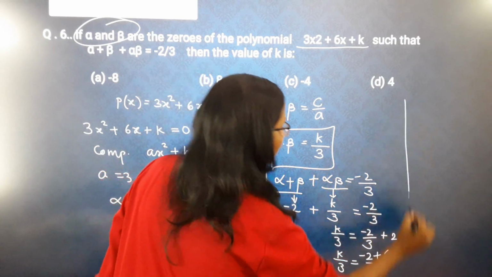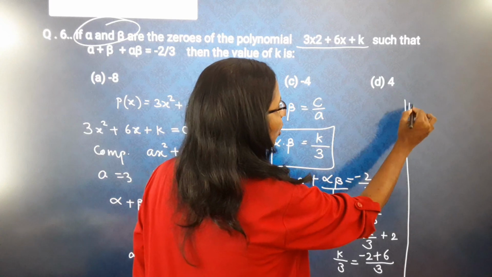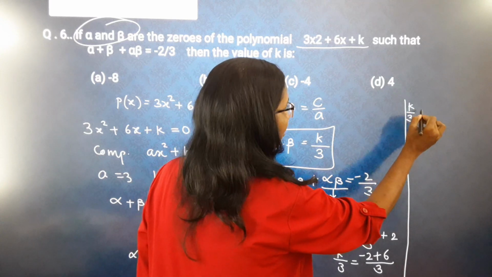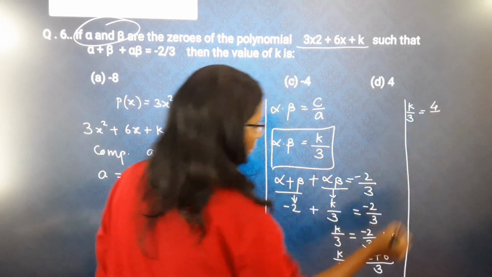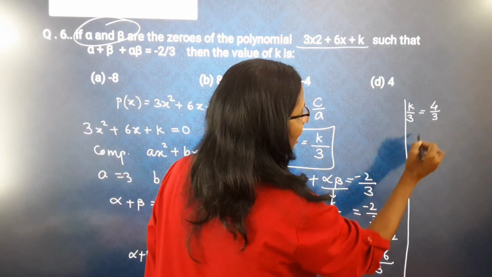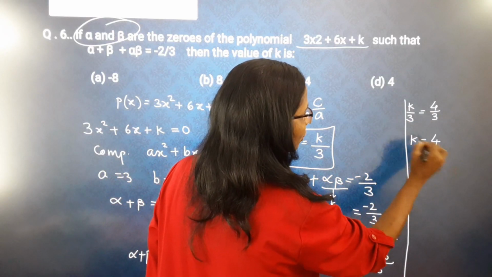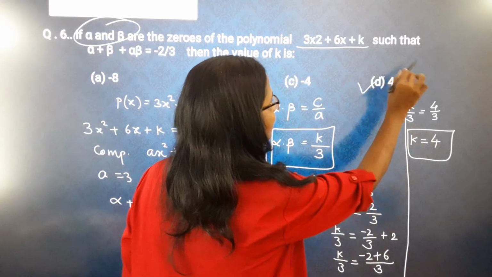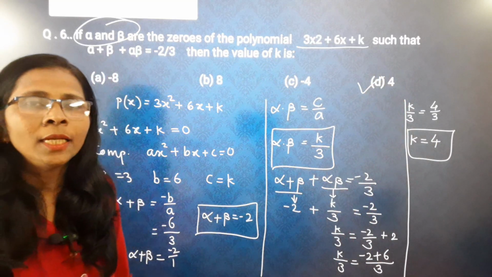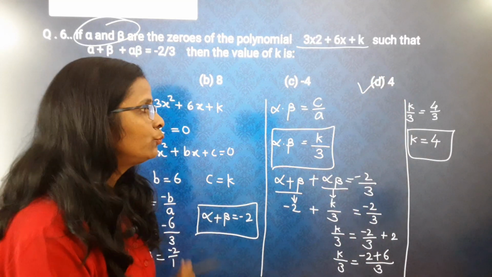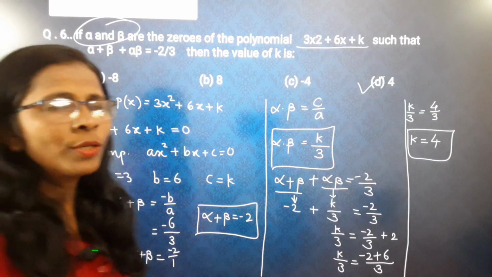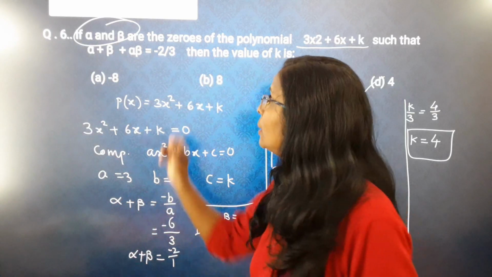So that means k upon 3 is equal to 4 upon 3. Okay, so now k is equal to 4. Yes, so that means the correct answer is the option D, that is 4, students. Okay, so now let us see the next example.